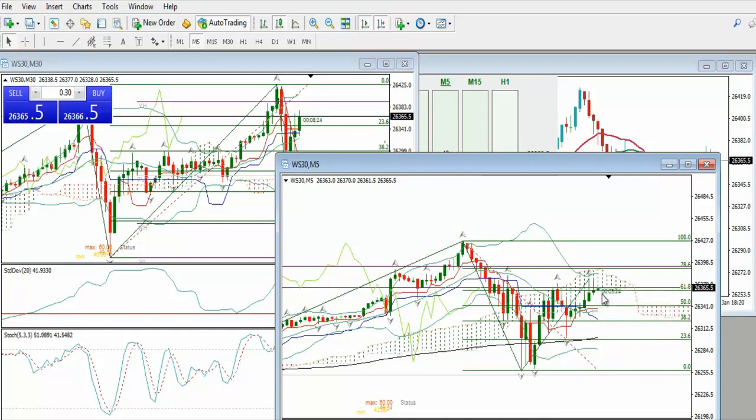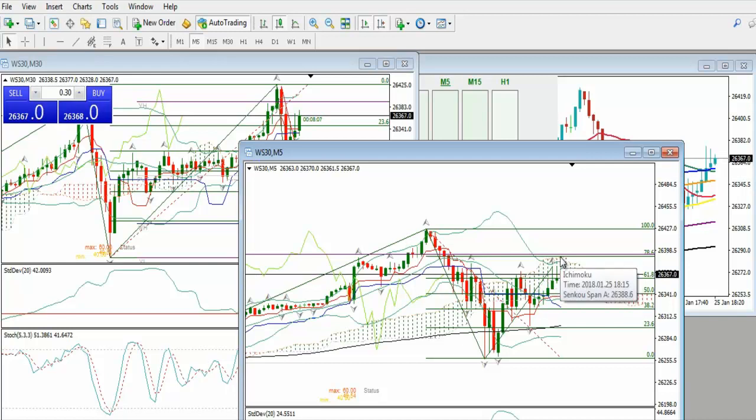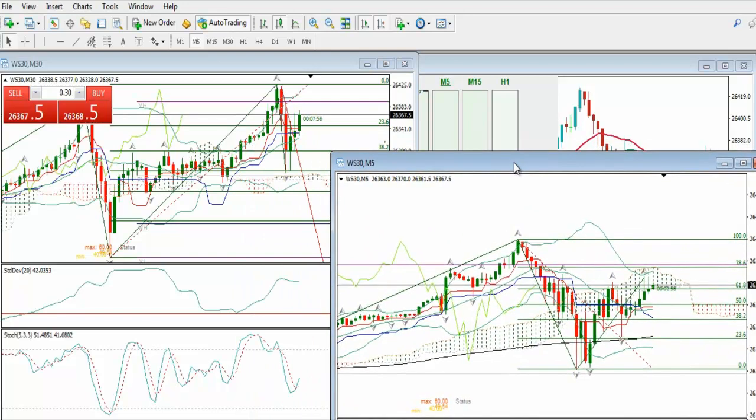So if I'm going to trade right now, we have two options. The first one is to wait for a small down movement so we can test this area right here, and the other is if we go above the cloud right here, above second span A, and this is second span B. If we go above second span A, maybe the trend continues and goes on.